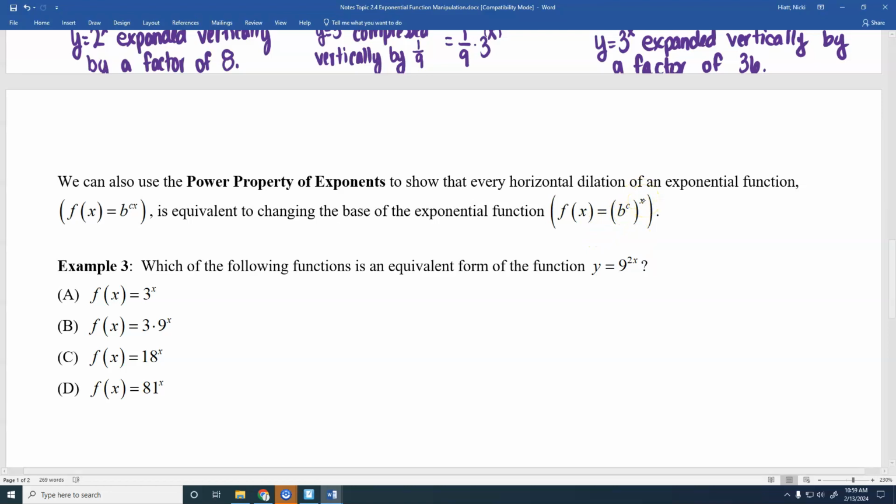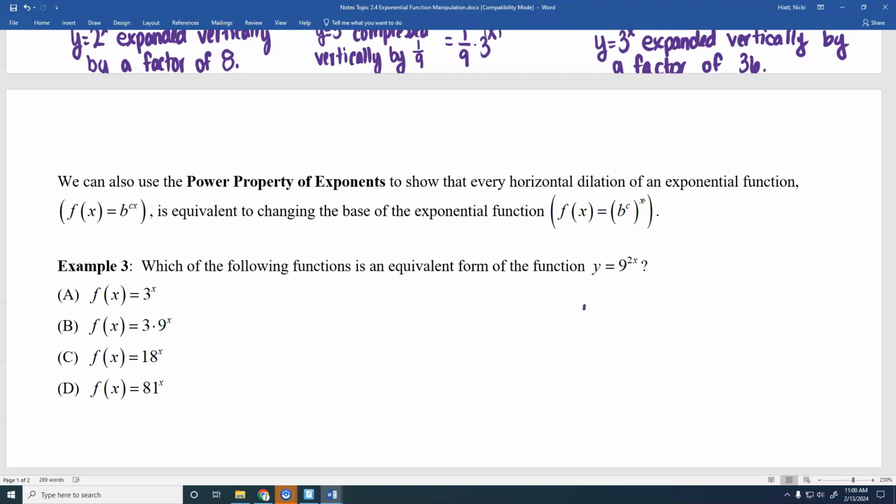So, for this example, we've got y equals 9 to the 2x, right? So, it can be written as y equals 9 to the x power that is compressed horizontally by a factor of 1/2.